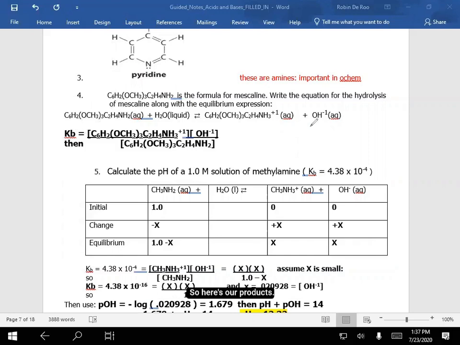So here are our products. We just take our products and put them on top, all of the formulas. Now remember, water is liquid, and we do not put liquids in our equilibrium expressions. So that's why you only have the molecule here in your equilibrium expression, but not the water.